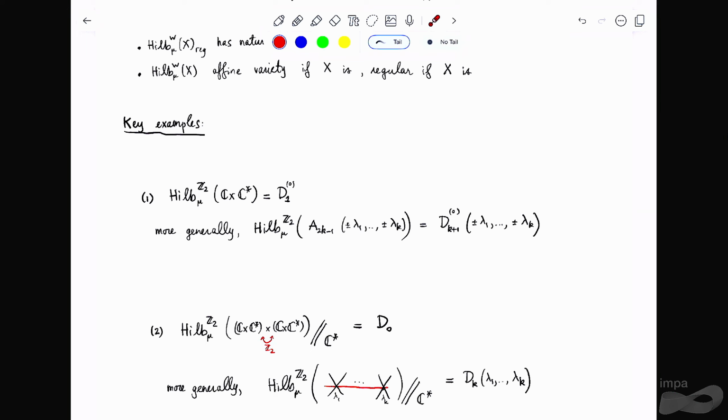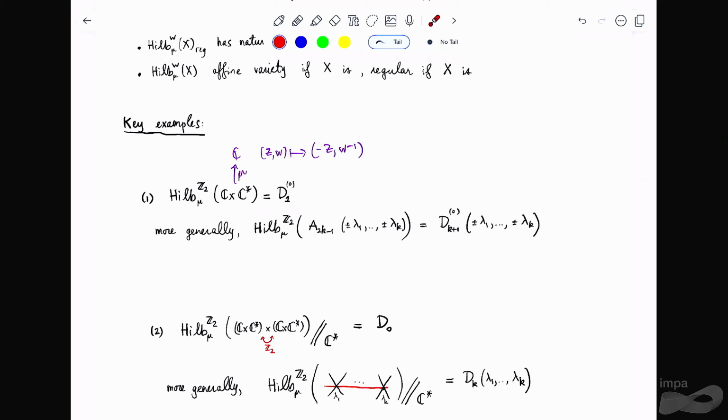If you start with C times C star, with a Z2 action where the moment map is just projection onto C, and the Z2 action sends the point (z, w) to (-z, w inverse), then you calculate that this transverse Z2 equivariant Hilbert scheme is just the double cover of the Atiyah-Hitchin manifold.